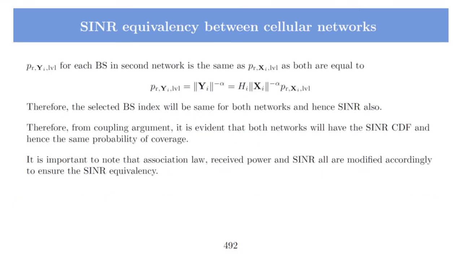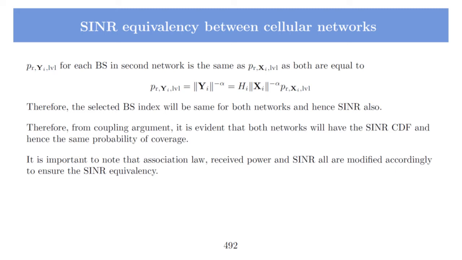Now if we compare one realization of M1 to the derived realization in M2, you will notice that because of the way yi is derived, if you compare the received power level in the M2 network, which is equal to norm of yi to the power minus alpha, and the received power in M1, which included the fading, that is equal to hi times norm of xi to the power minus alpha, because of the construction, they are both the same.